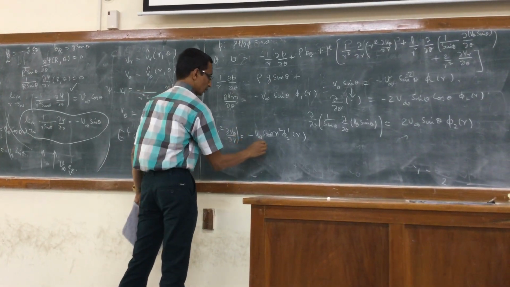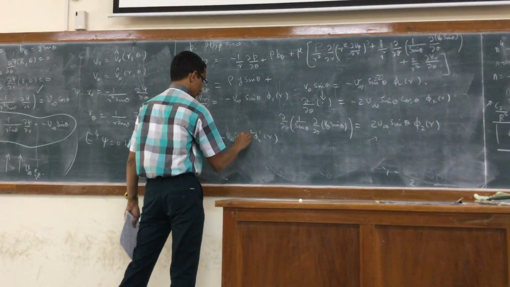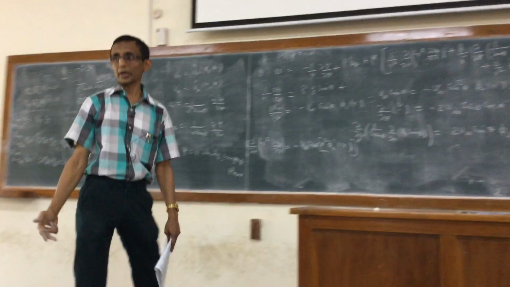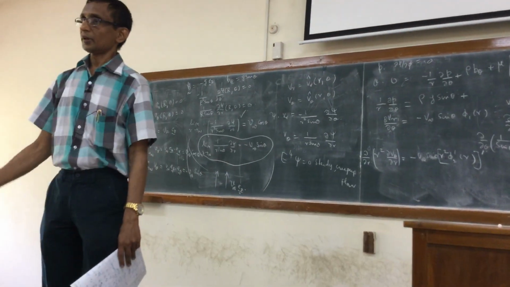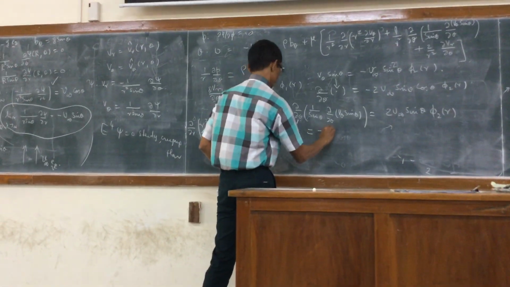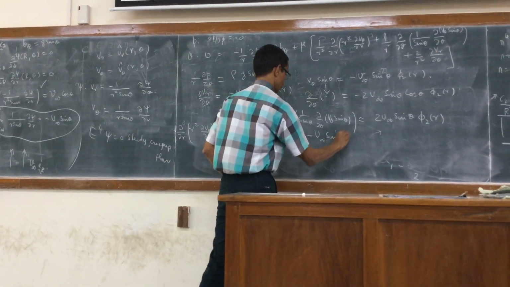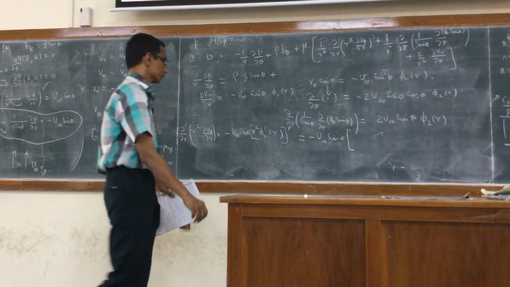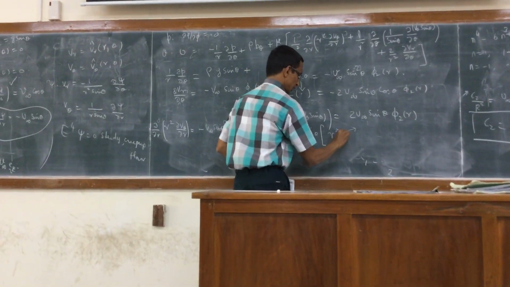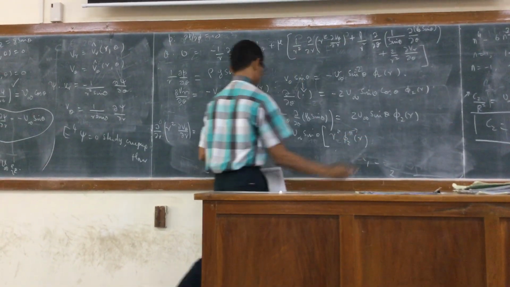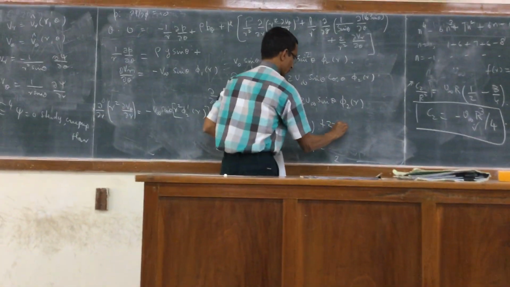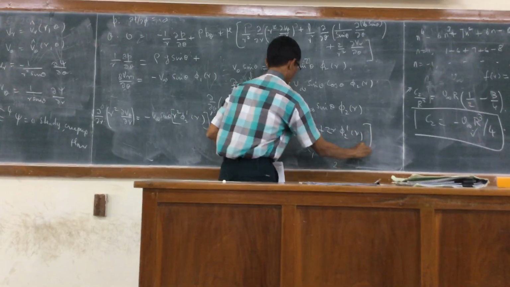So for me, prime is derivative with respect to r. So when I do that, this would be minus d infinity sine theta times r squared phi 2 double prime of r plus 2 times r phi 2 prime of r.